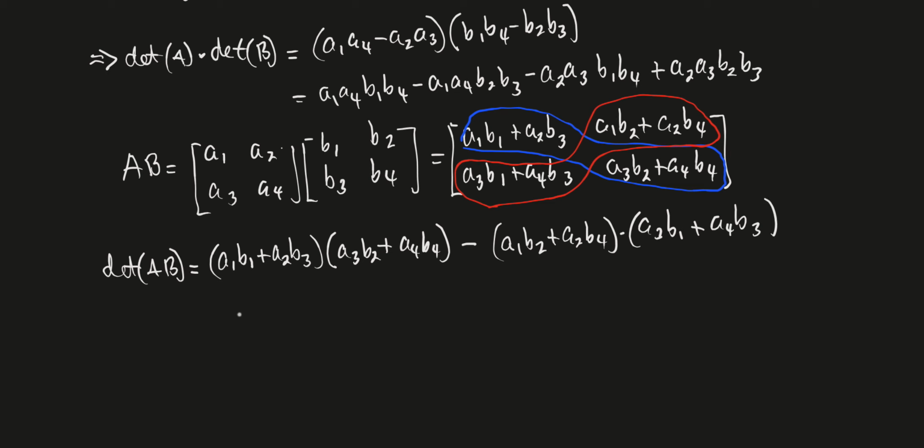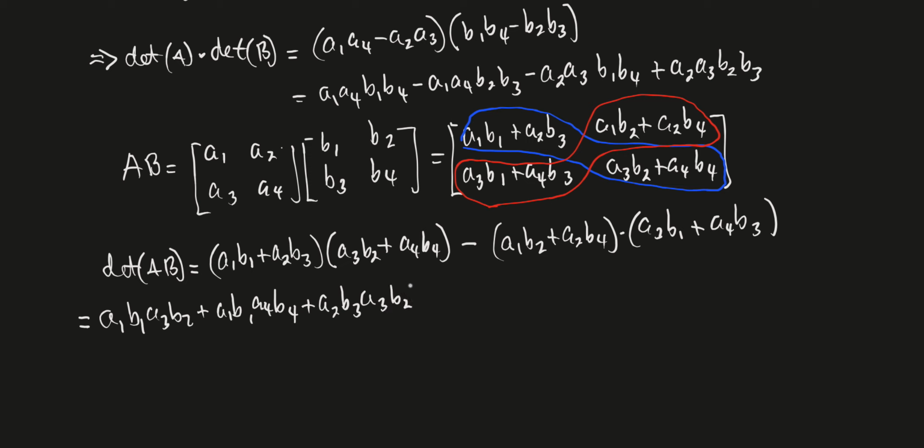When we finish FOILing this out, we're going to have 8 terms, so let's make sure we have enough room here. We have A1 B1 A3 B2, that's this times this. Next up, we have A1 B1 times A4 B4. Then the inner ones: A2 B3 times A3 B2.